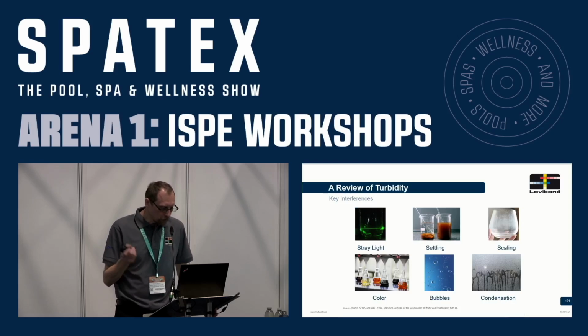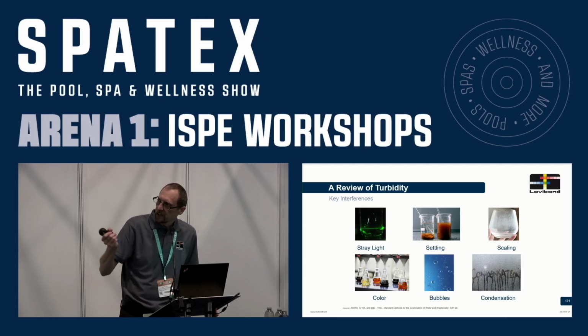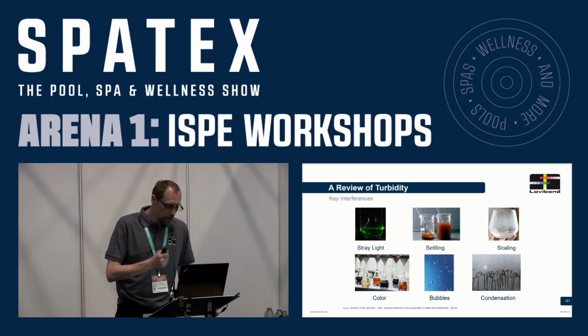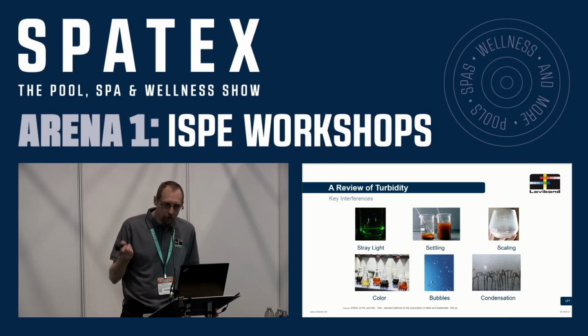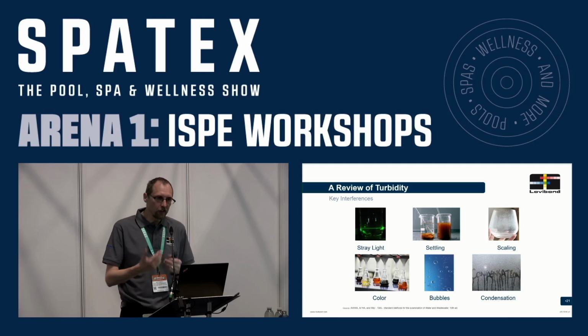So let's have a look at some interferences then. So I've just mentioned a bit about stray light and the light traps that you need to reduce the stray light. Colour's an important interference in turbidity as well. But the ISO standard says that you should use an infrared light source, and any infrared light source will negate any colour interference from your sample.